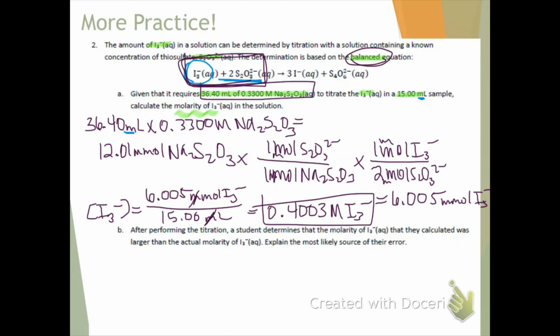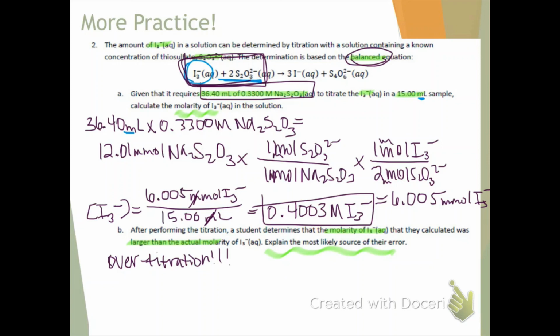Looking at letter B, we are analyzing our error here. After performing the titration, the student determines that the molarity of I3- that they calculated was larger than the actual. We want to know the most likely source of error. Take a moment and think about those sources of error that caused our molarity to be larger than it actually was.